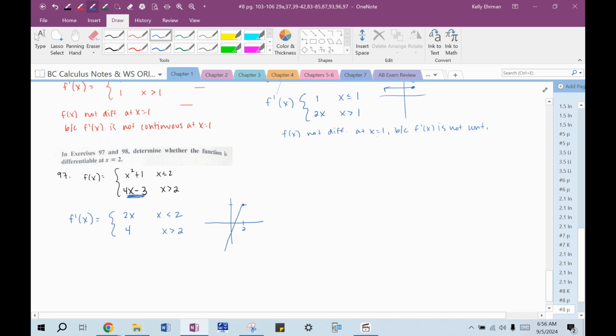And then for the rest of the graph, we stay at 4. The idea is not that there's a sharp turn in the derivative graph. That's okay. It's just, is the derivative graph continuous? Yes. So f of x is differentiable at x equals 2, and that's because f prime of x is continuous at x equals 2.